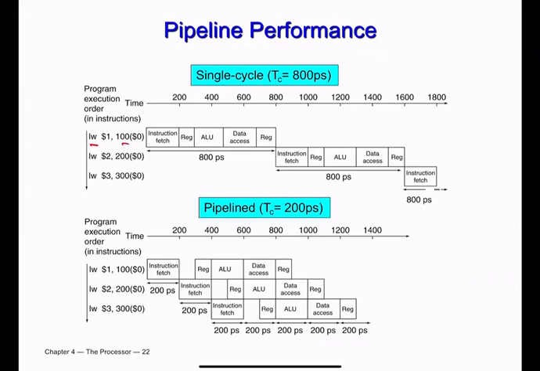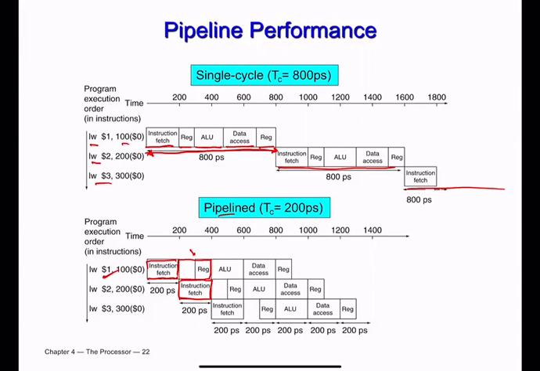By analogy, if I were to go without pipelining, I will take the first instruction, do the fetch, then access the register, then the execution, then the memory, and then the very last register. All of this has to take 800 picoseconds, and then I will go to the next instruction, and so on. But with the pipelining idea, as soon as I finish fetching the first instruction, I will fetch the second instruction while I am dealing with the register of the first instruction.